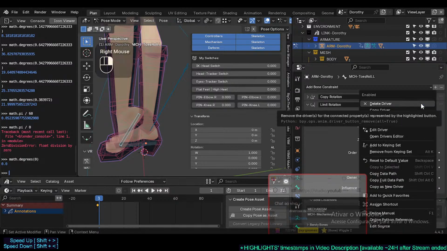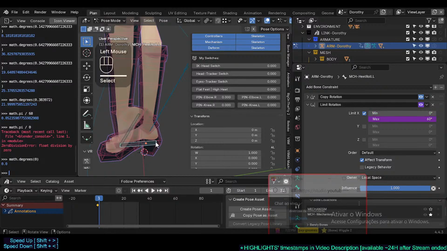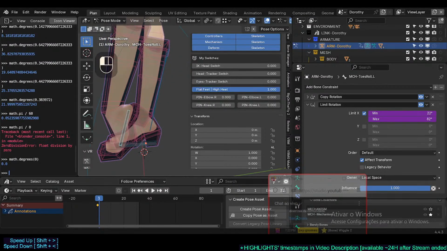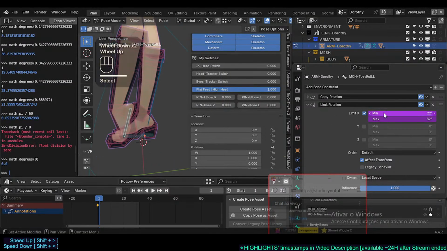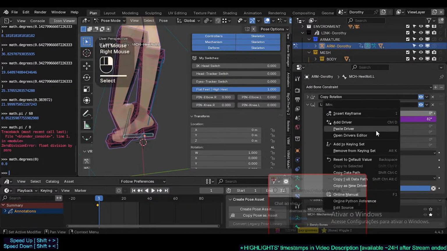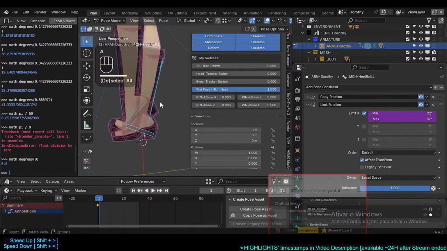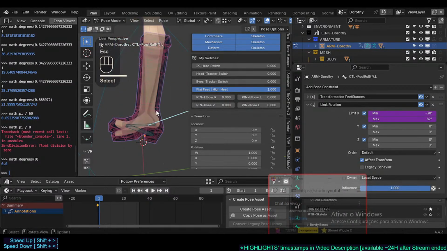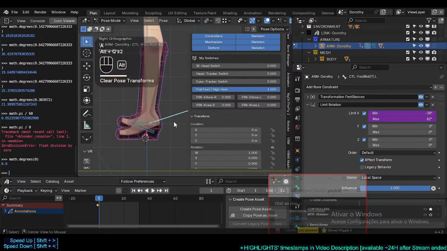I don't need this. Okay, this is going to break something here. Aha. And as for this, okay, copy driver, paste driver. Something seems broken.